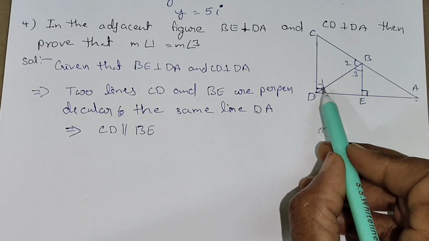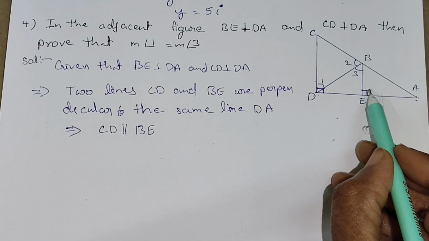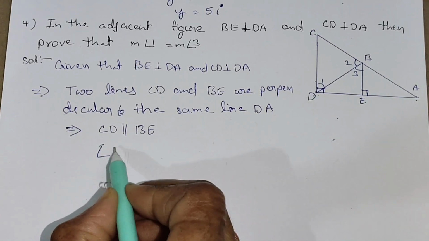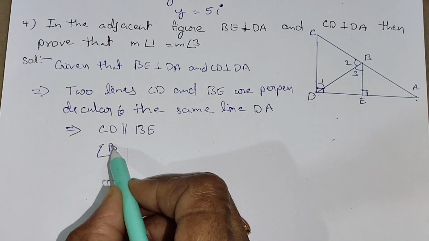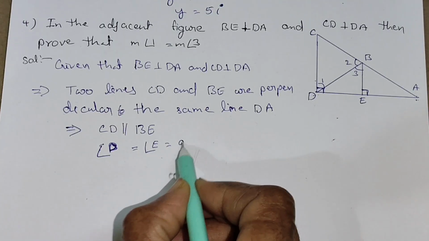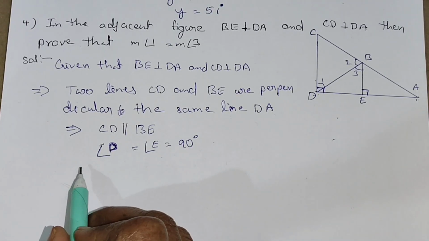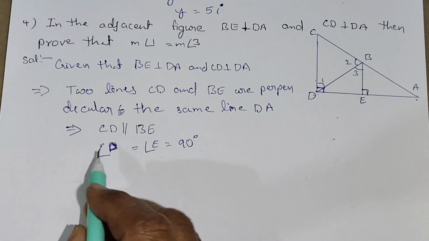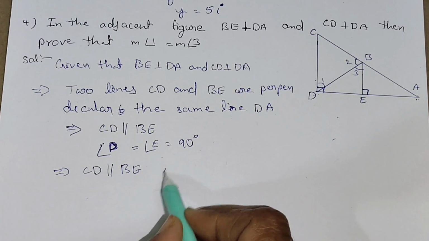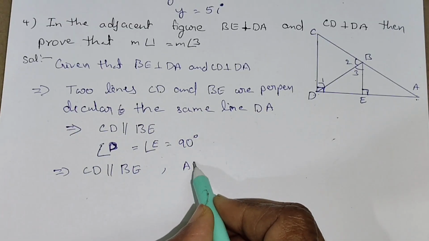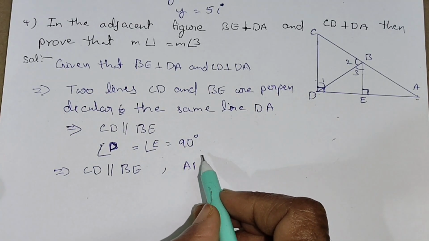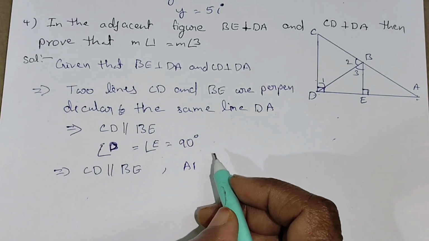Angle D and angle E are equal, 90 degrees. Angle D equal to angle E equal to 90 degrees. So CD is parallel to BE and DB is a transversal.